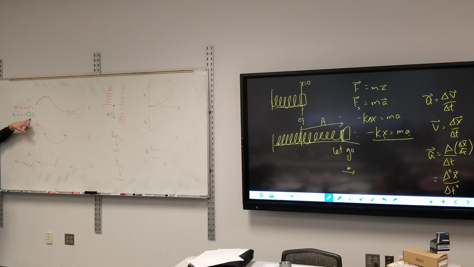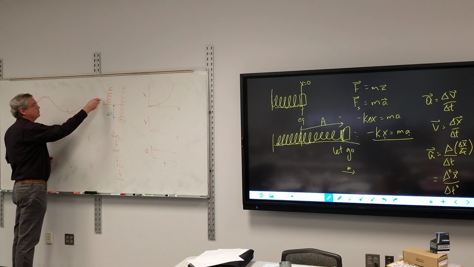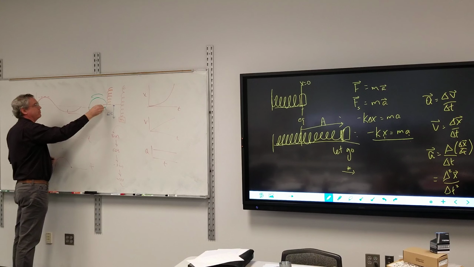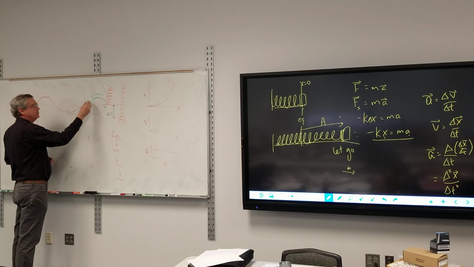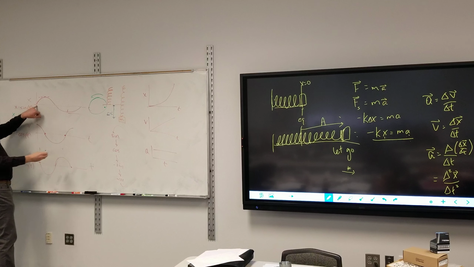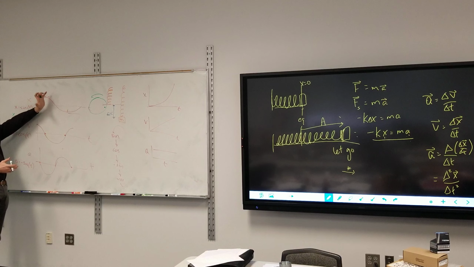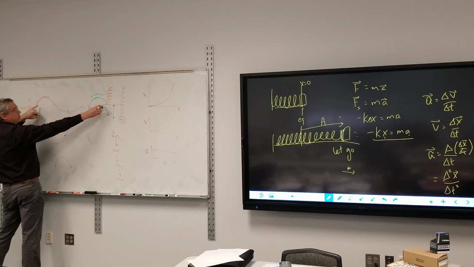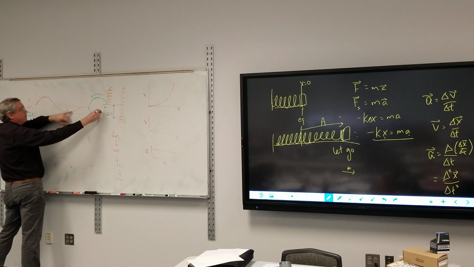Another way of looking at this is if I have a wheel that's rotating and I've got a little peg right there that rotates with it. As that peg rotates, if I'm just looking at the projection onto a vertical axis, it starts here, it goes up, it goes down, and then back to here again.